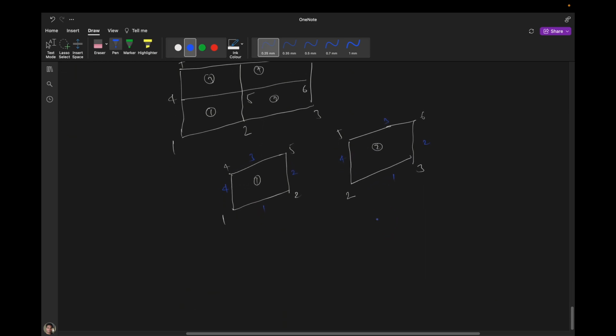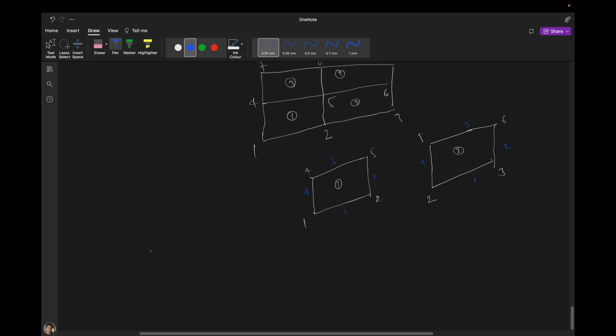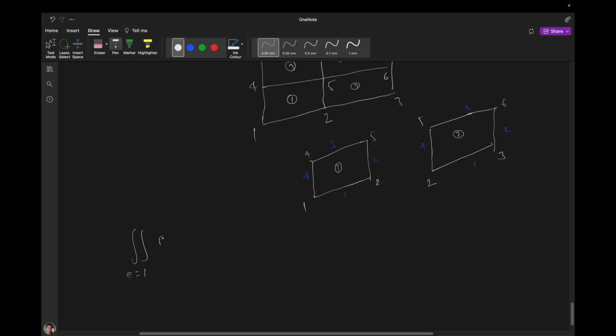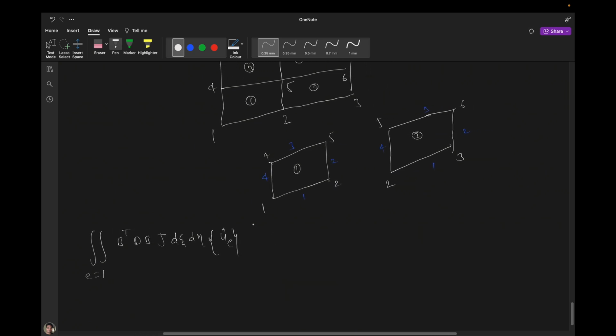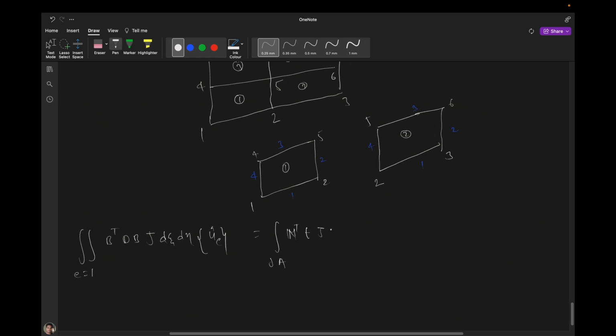We are doing this because when you assemble, suppose for one element we apply this integral, for e equal to 1, that will be B transpose D B into Jacobian d xi d eta, and it will give for this element equal to, and here it will be N transpose t ds, here also Jacobian and ds.